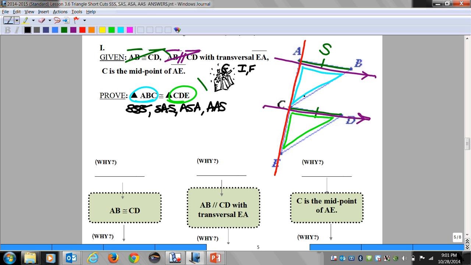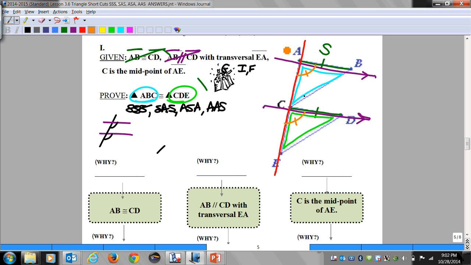What's implied here? Well, if we have parallel lines, remember when you have parallel lines, we have all kinds of congruent angles. One of the angles that we can use are the fact that we have corresponding congruent angles, which is going to make angle A congruent to angle C. Those are corresponding.